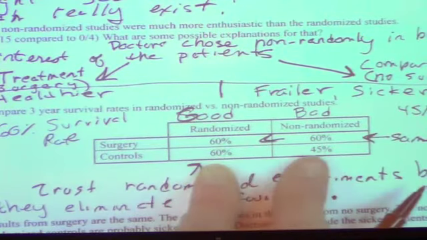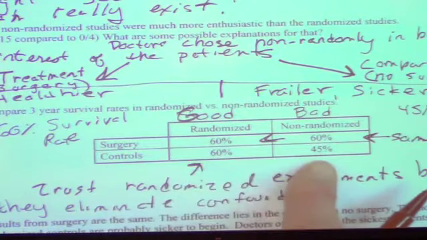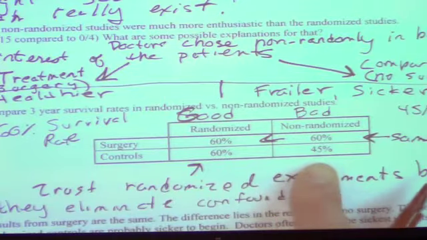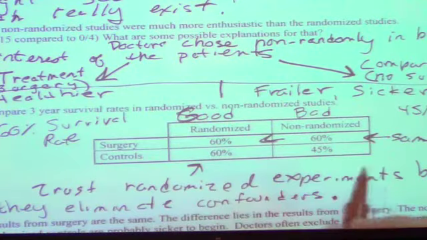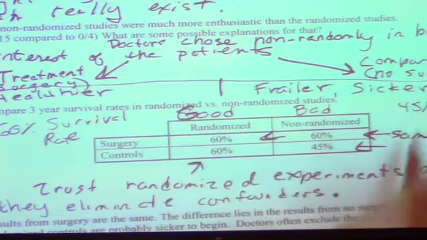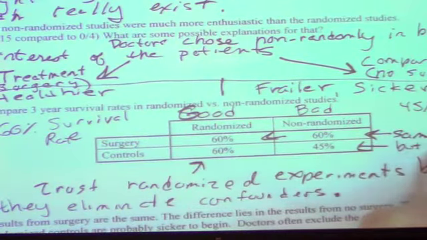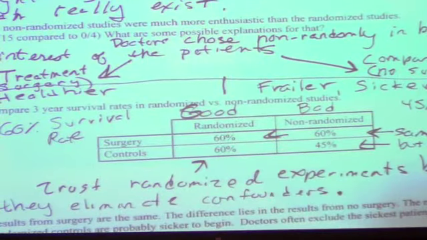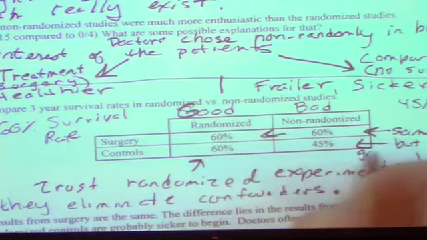Their controls were different. Sure, it looks like your surgery works if you pick a bunch of people who are going to die anyway as your controls, which is what they did. Okay? So the controls were sick. These 2 were the same, but the comparison group, the control group, was going to die anyway. Control group was sicker.